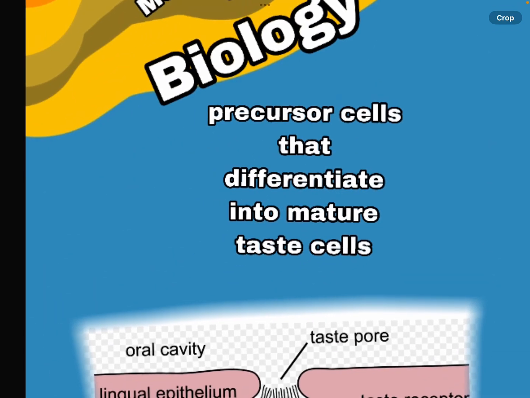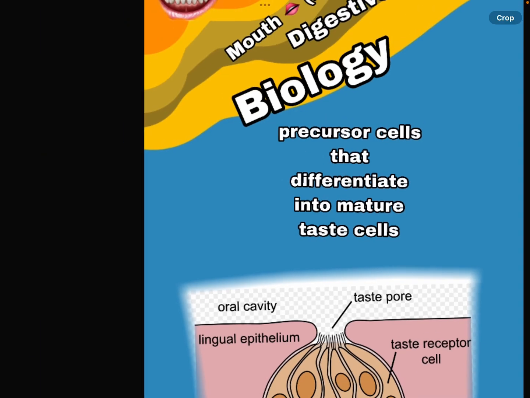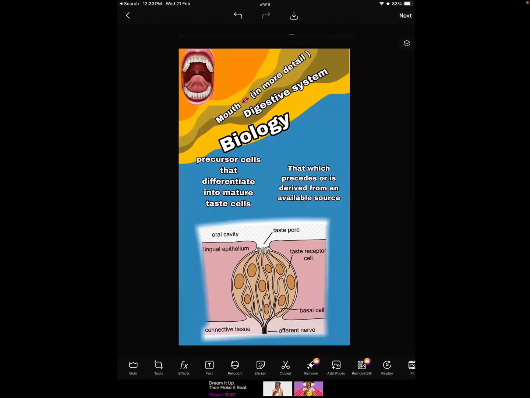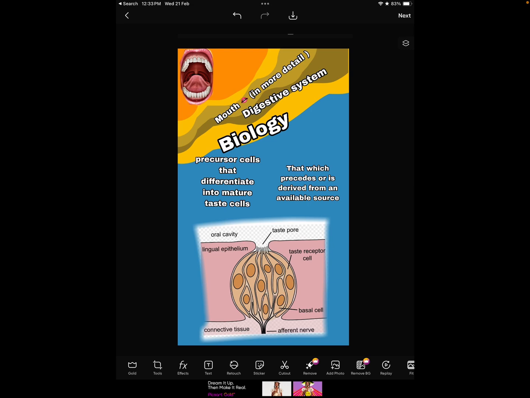Well, the precursor cells differentiate into mature taste cells. Precursor means the stuff which is taken or borrowed from something else.